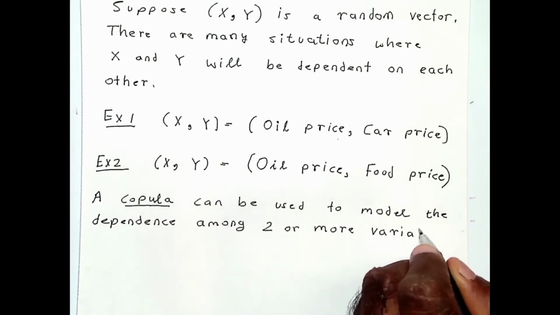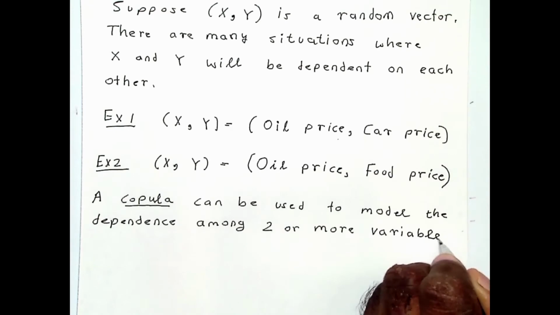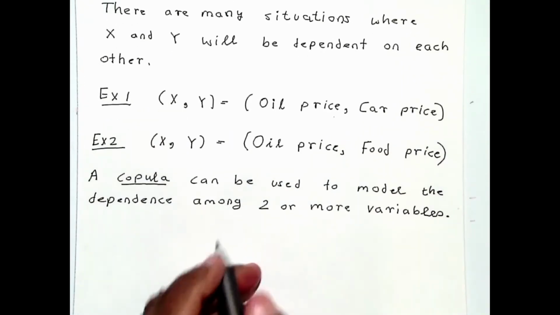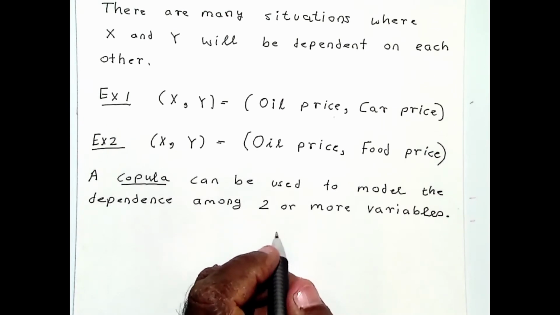In this chapter I shall focus only on two variables, but the copula can also be used to model the dependence among more than two variables, right?